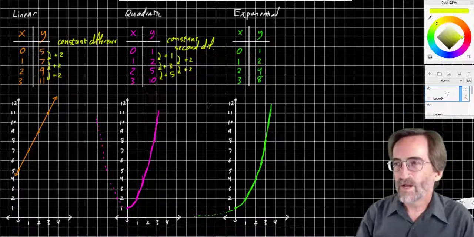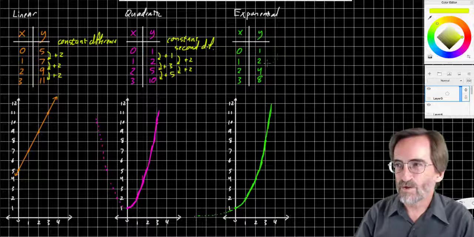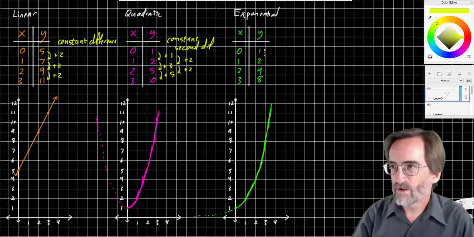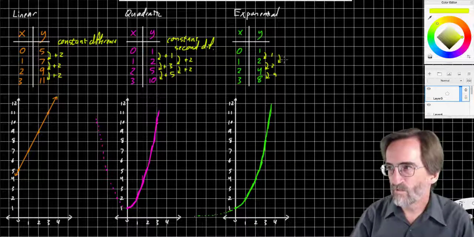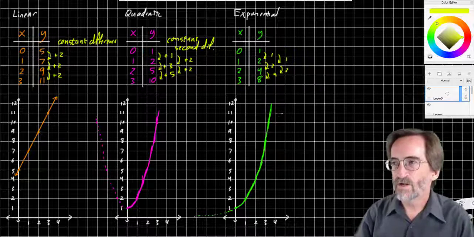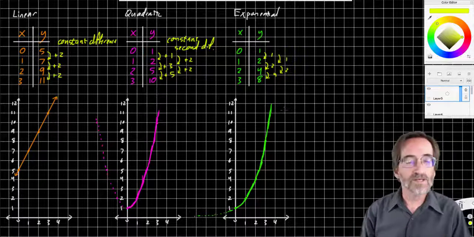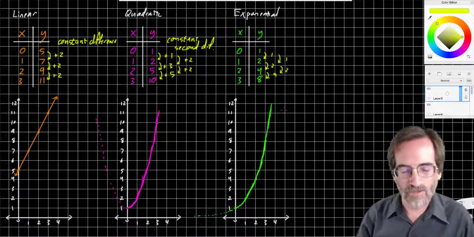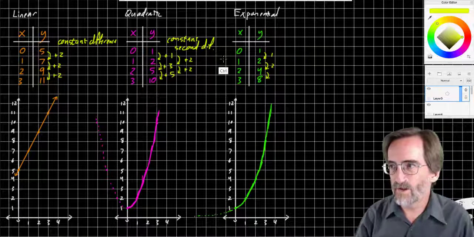And look at the exponential. You're not going to get the same pattern here. From 1 to 2 is 1. From 2 to 4 is 2. From 4 to 8 is 4. And so the differences don't have any common factor. But let's look at what actually is happening.